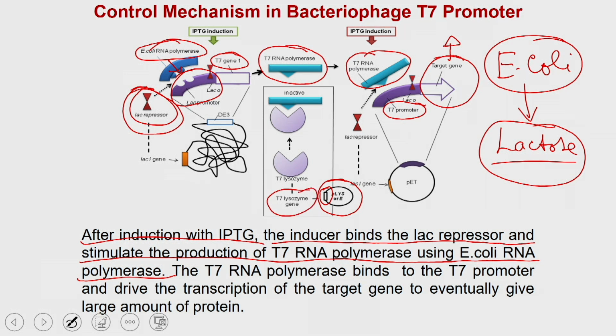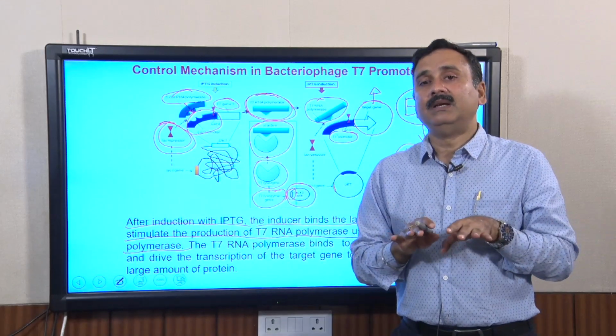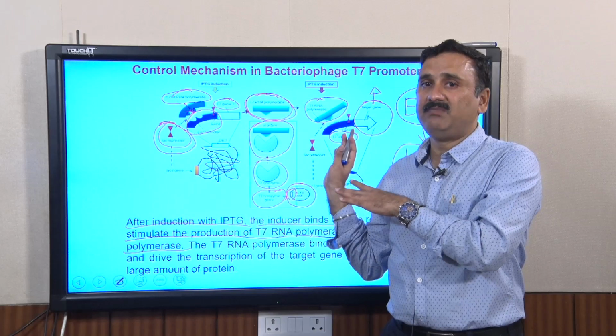The T7 lysozyme gene produces T7 lysozyme, and this T7 lysozyme destroys or inactivates the low level of T7 RNA polymerase which is produced under the influence of the lactose present inside the E. coli. So, that kills the background protein production in the absence of IPTG.